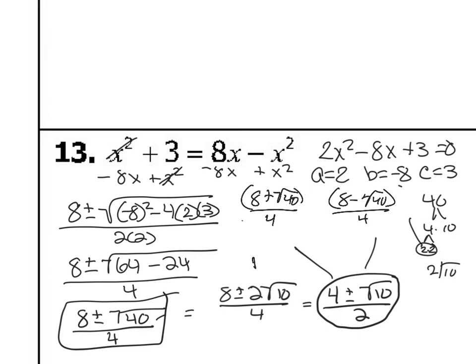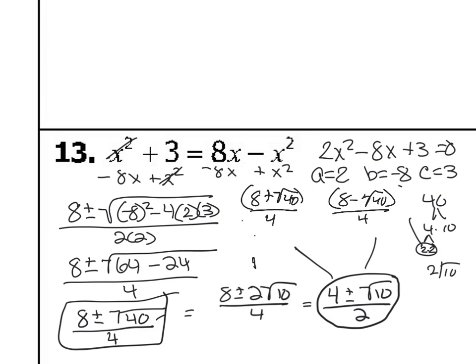And let's see what that would be. Parentheses 8 plus square root 40 divided by 4.